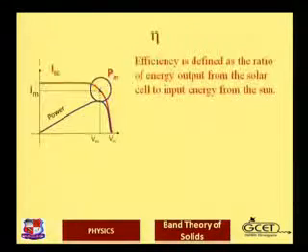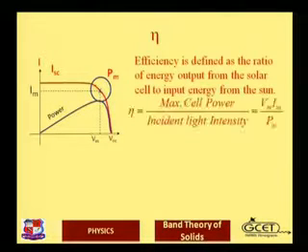And the next one is eta, that is the efficiency. It is defined as the ratio of energy output from the solar cell to the input energy from the sun. So it gives the direct value of the energy conversion. One can have eta as the maximum cell power divided by incident light intensity, VM IM upon P input.